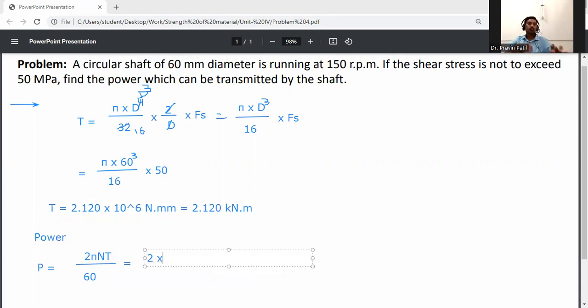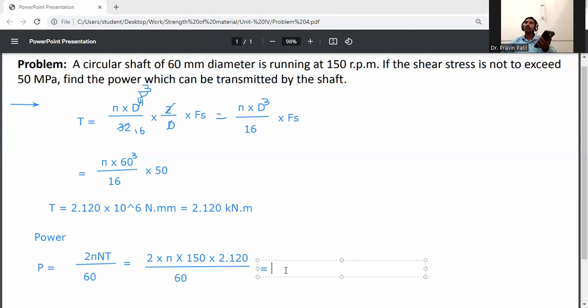So 2 into pi into N, which is 150 revolutions per minute, and T is 2.120, divided by 60. It will be obtained in kilowatt, if the torque value is put in kilonewton meter.